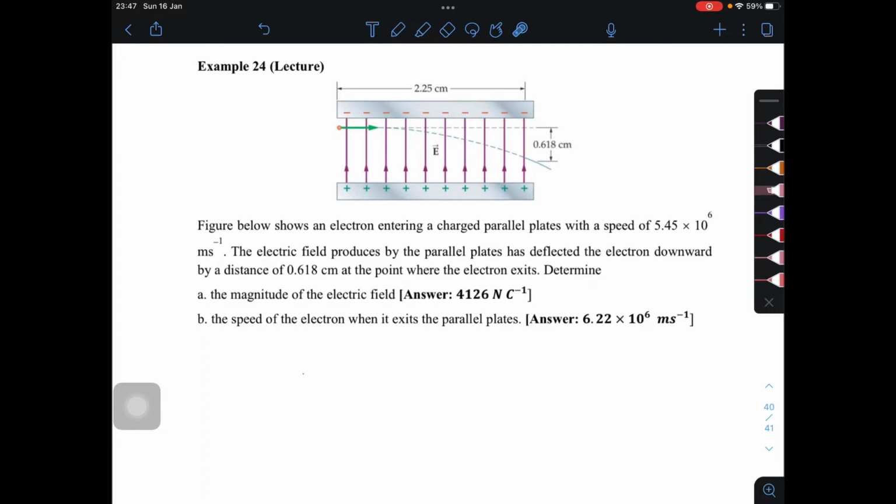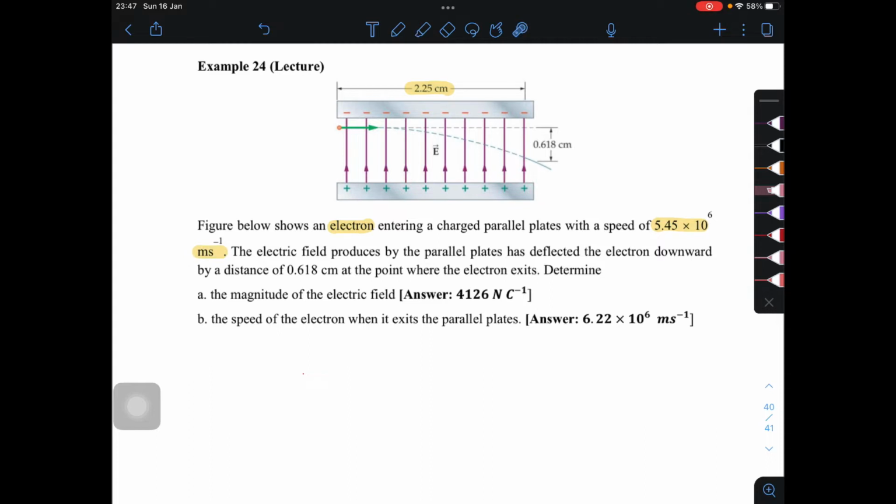Okay, so we are given here parallel plates with 2.25 centimeter, and then we are given an electron. This one is under the case of a charge moving perpendicularly, so this is case number 2. We have an electron entering with a speed of 5.45 × 10^6 meter per second.